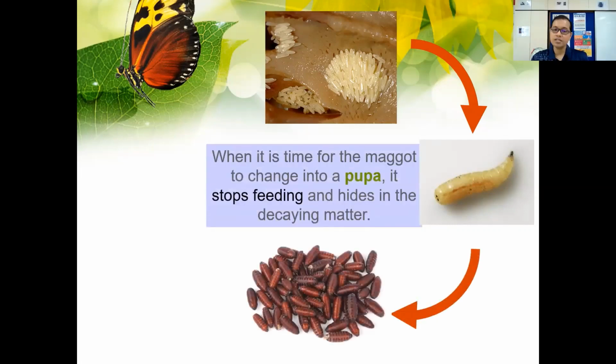When it is time for the maggot to change into a pupa, it stops feeding and hides in the decaying matter. Very interesting. So when the maggot is going to metamorphose and change into an adult housefly, it will hide in the decaying matter, form a cocoon around itself, and go through the metamorphosis stage, otherwise known as the pupa stage.